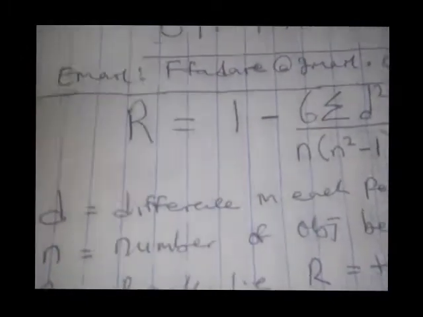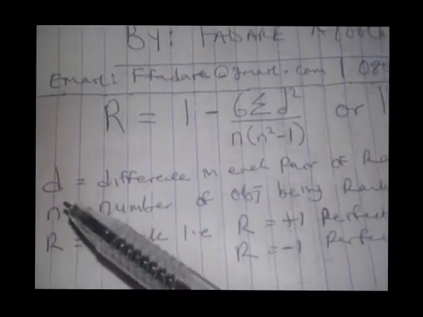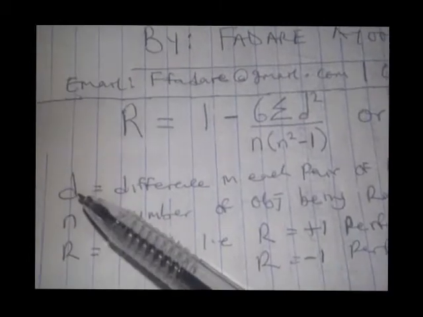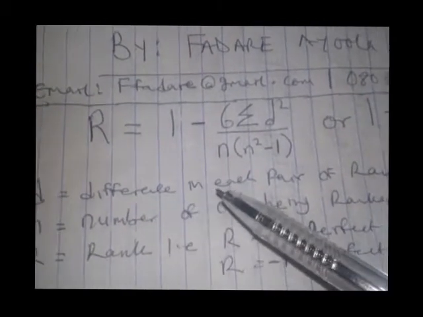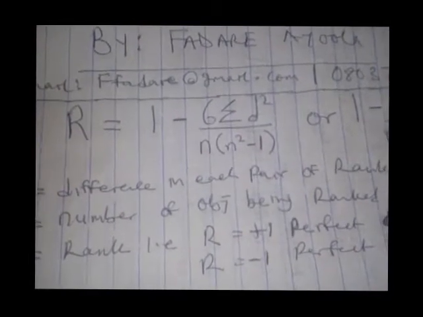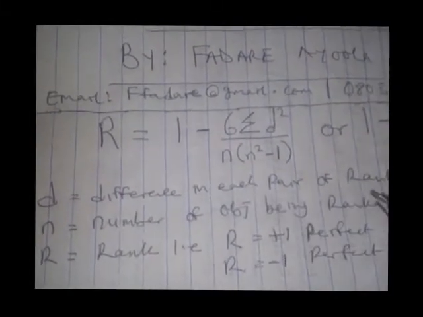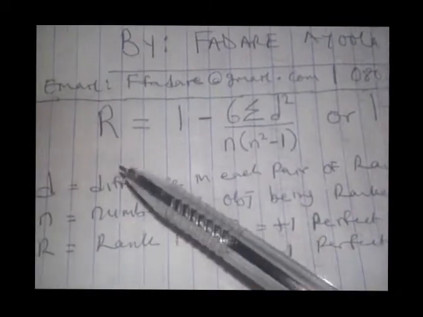Now, what do the jargons we've just seen imply? D simply means the difference in each pair of ranks. By the time we dive into the question, you will understand what it means when we say the difference in each pair of ranks. And R here stands for rank also.